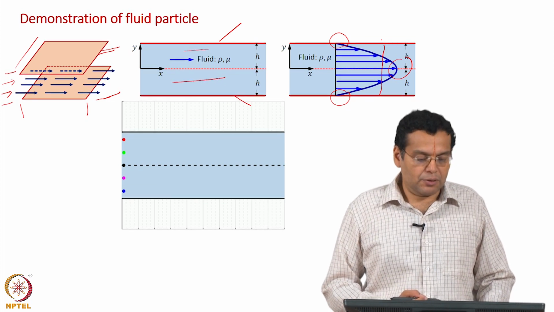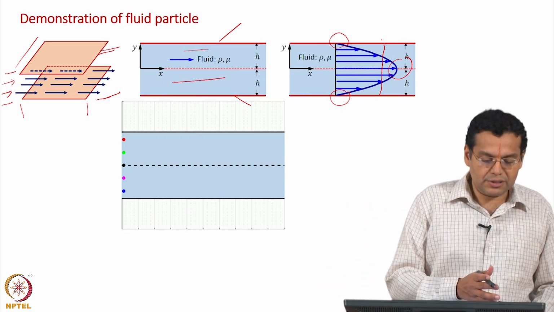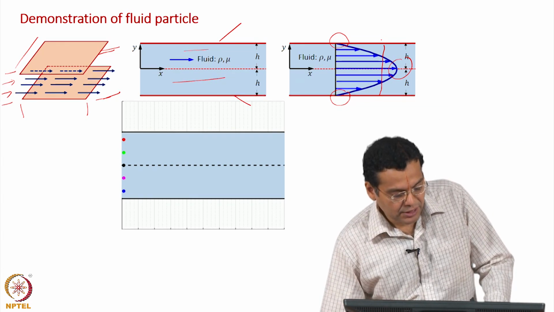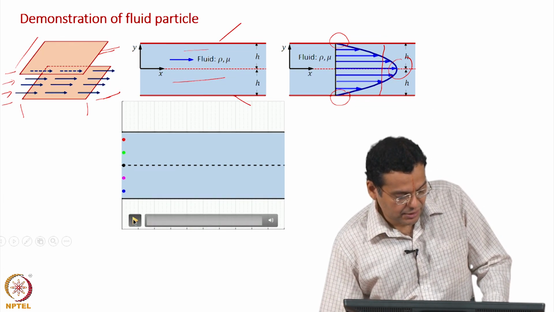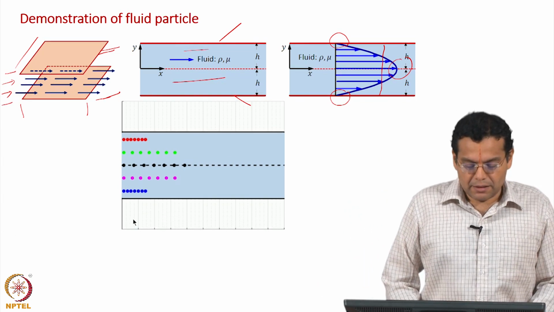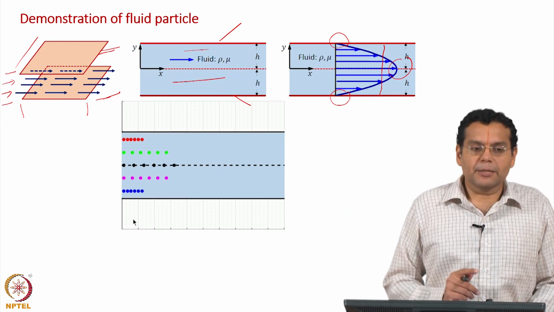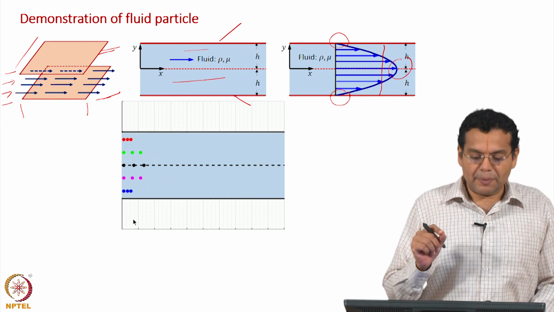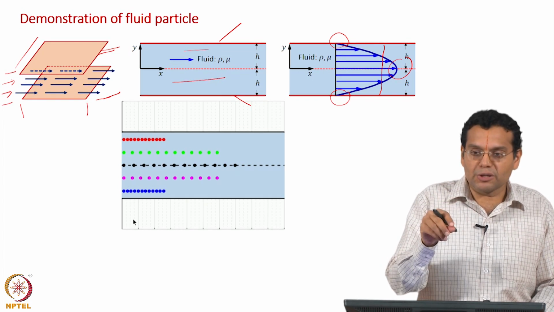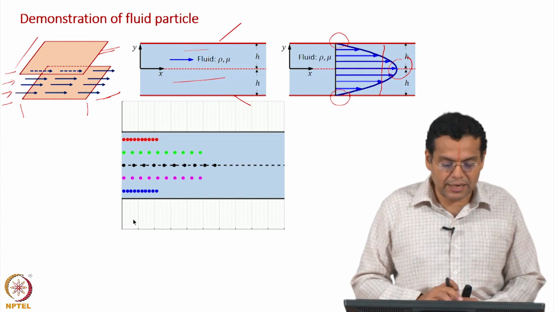Now, we will use this example to demonstrate what fluid particles are. I have a small demonstration here, let us run it. We said a fluid particle is one where we dye enough number of molecules and keep tracking that, and that is what happens here.